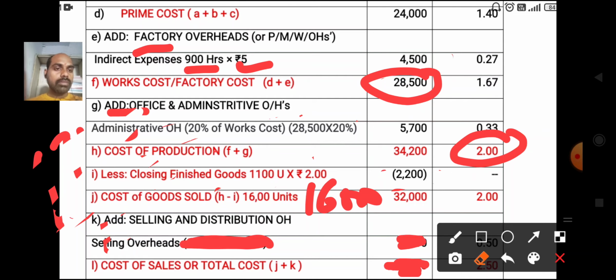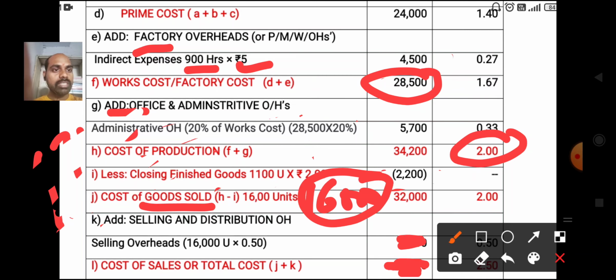Okay, to this we need to add selling and distribution overheads. Selling and distribution overheads add करना है. So 16,000 units into 0.50, 50 paise per unit selling expenses. Please remember, from cost of goods sold onwards, यहाँ से cost of goods sold से लेके अपने को डिवीजन करते वक्त 16,000 यूनिट से करना है.